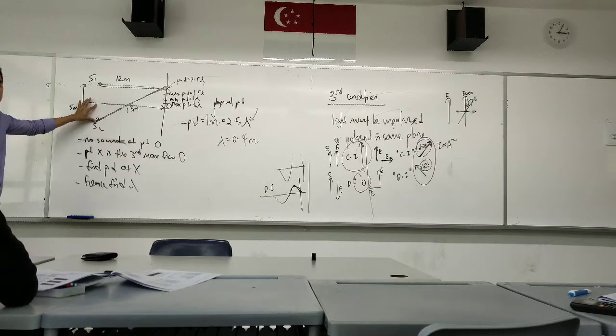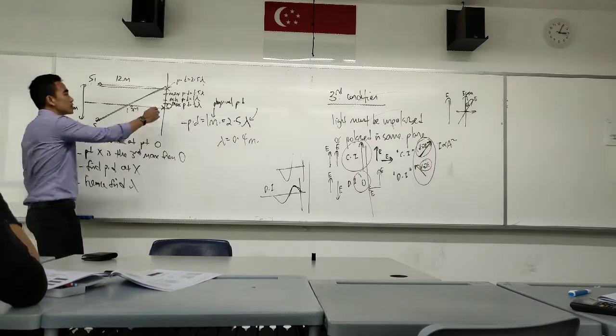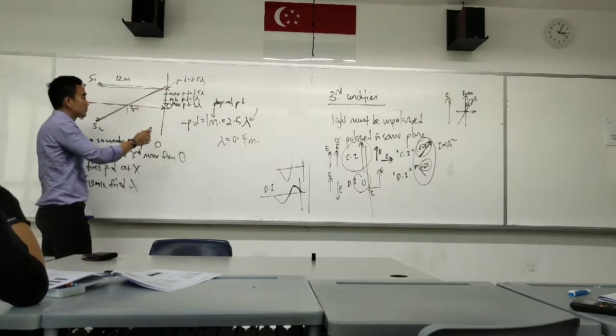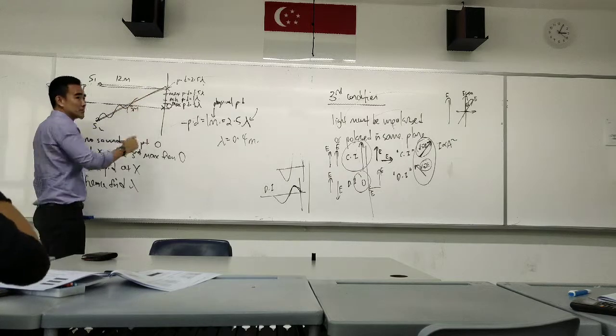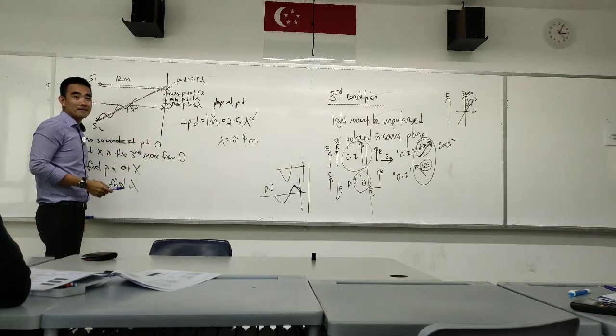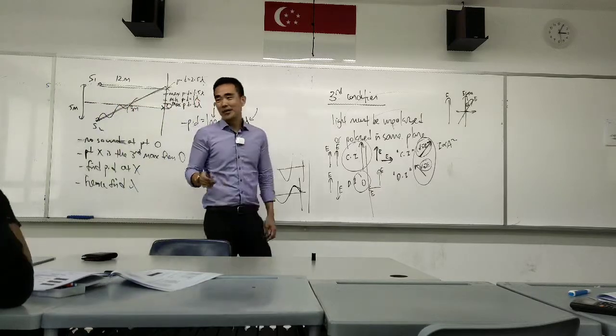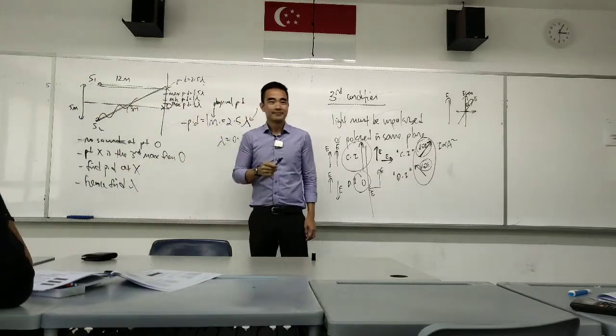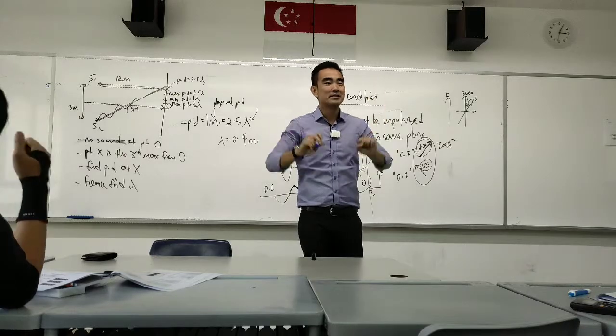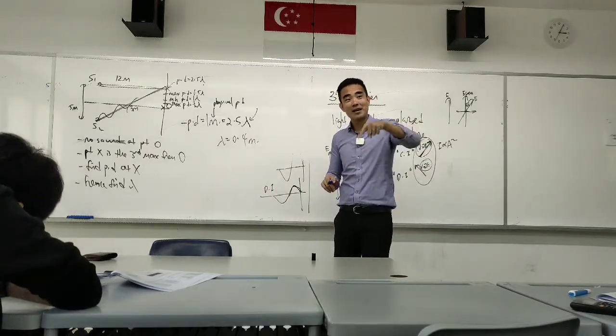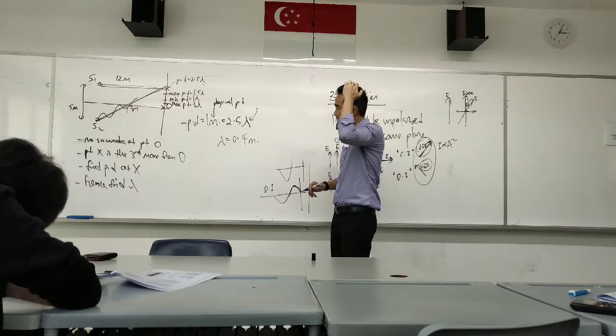But hang on, you must be careful. We are talking about the oscillation of intensity over here. I'm talking about a wave that is oscillating over here. It's a different oscillation. I'm finding the wavelength of this one, not the wavelength of intensity variation. I'm talking about the wavelength of the light that causes the intensity.